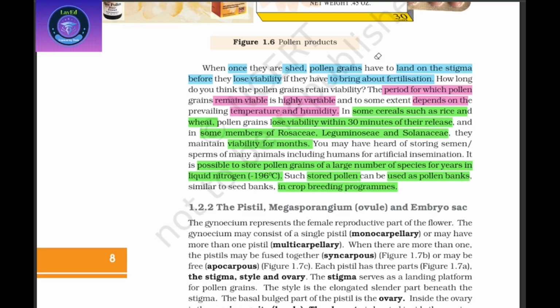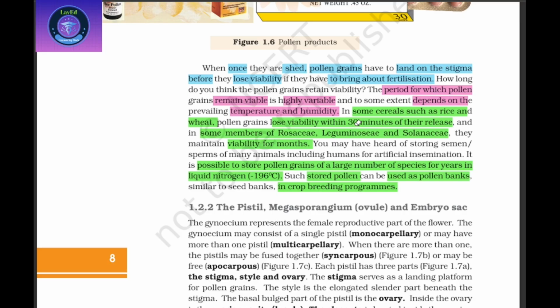Once they shed, pollen grains land on the stigma before they lose viability. Now, what is viability? The period up to which the pollen grains remain viable. This is already given: the period for which pollen grains remain viable is variable. When I used to study these parts, I was very confused about how much time applies to which one.